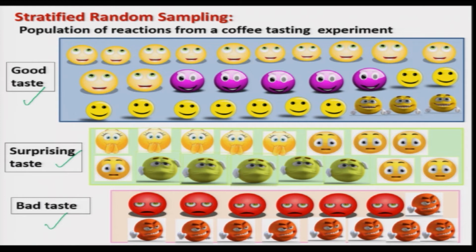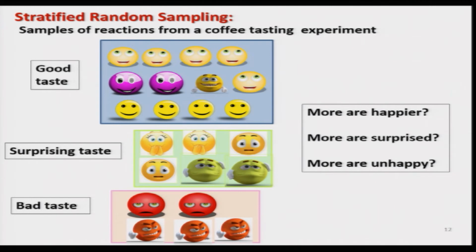So, that is essentially the choice of the experimenter who is conducting the experiment, that what should be the random variable for consideration. So, now what I do, I try to take a sample from these 3 groups. So, I try to take from the population of good taste reaction, surprising taste reaction and bad taste reaction.